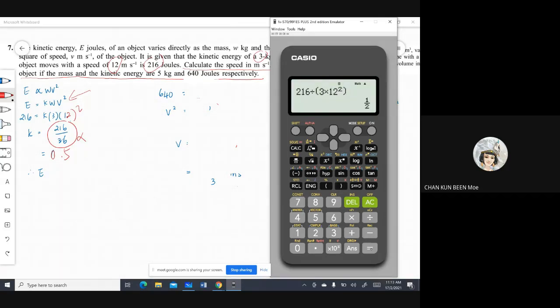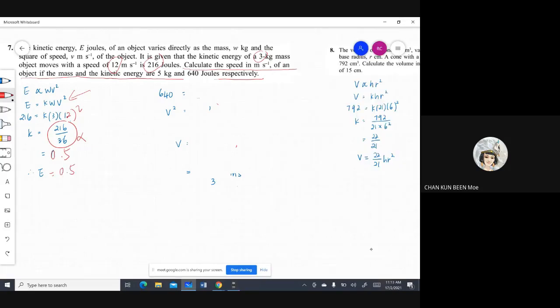So it is equal to 0.5 WV squared. So here is 0.5 multiplied by WV squared. Therefore, V squared is equal to 640 divided by 0.5 times W. The W is equal to 5.